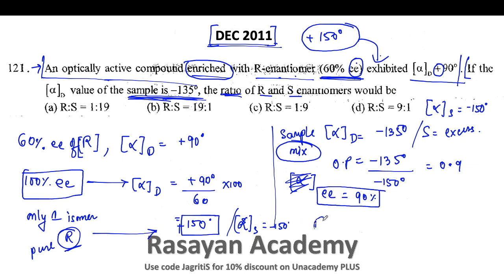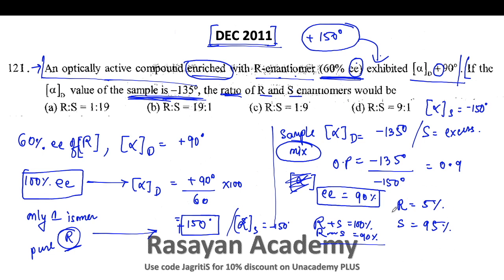And then how do I find the R and the S enantiomer? You know already that S plus R is equal to 100%, and S minus R is 90%, because the S is there in excess. So from here you are going to find out that the R is there in 5% and S is going to be 95%.